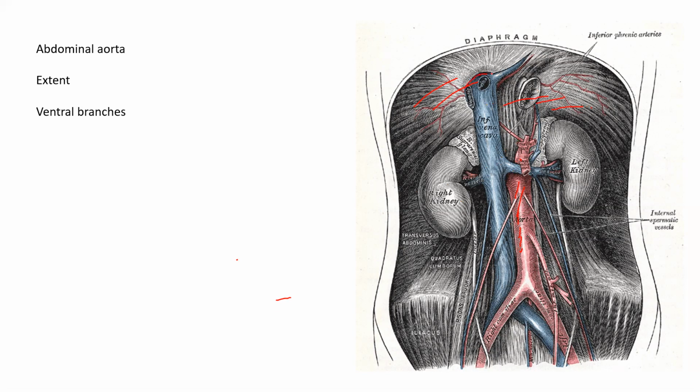So this is your vena cava opening in the diaphragm, the esophageal opening, and that's the aortic opening. The aortic opening in the diaphragm corresponds to which vertebral level? Anyone? Yes? T12. Okay. So the aortic opening in the diaphragm corresponds to T12.